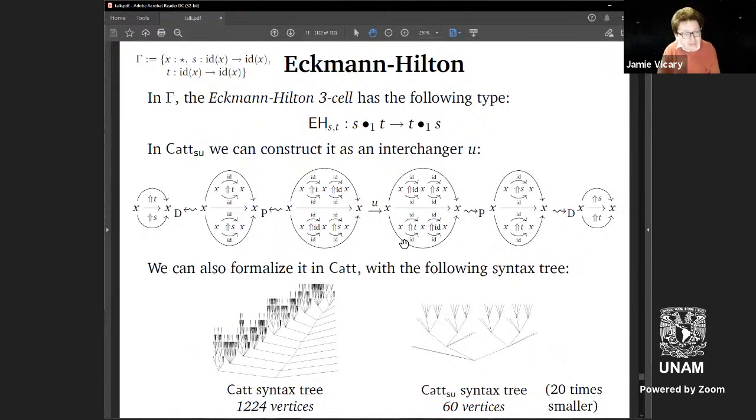So what this is telling us is that if we use the strictly unital theory rather than the fully weak theory to write down formally the simplest non-trivial homotopical phenomenon of higher category theory, we get a 20-fold improvement in complexity. Conjecturally with no loss at all, right? Because we conjecture that every weak infinity category is equivalent to a strictly unital one.